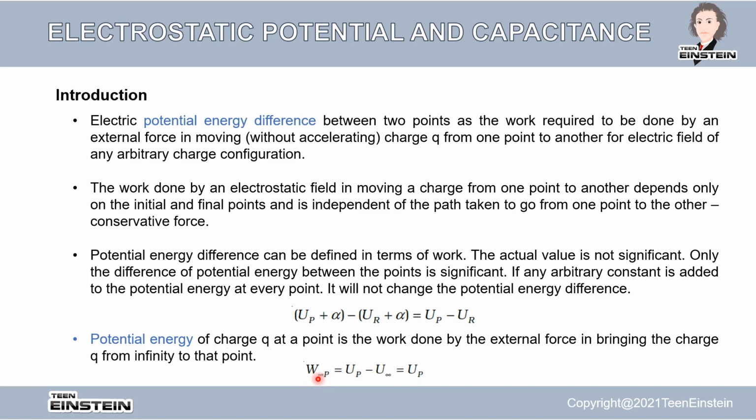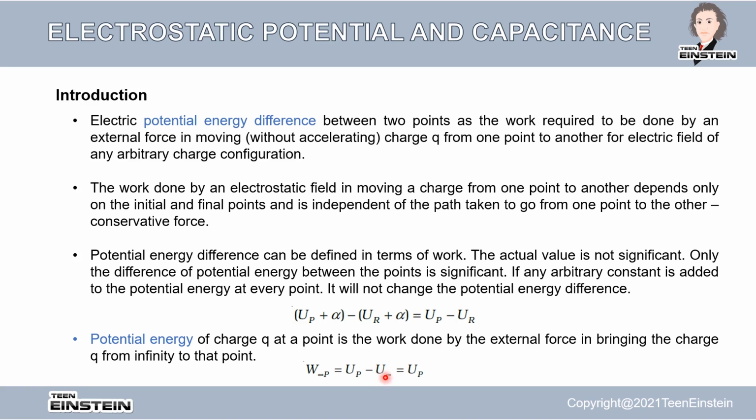So in this case, instead of W_rp, we have infinity in place of R. So W_infinity,p equals U_p minus U_infinity, which is equal to U_p, because we assume that U_infinity is 0. So what we are doing in this case is, here we had a reference point R. We are bringing the charge from R to P. In this case, instead of that reference point U_r, we are making it 0.